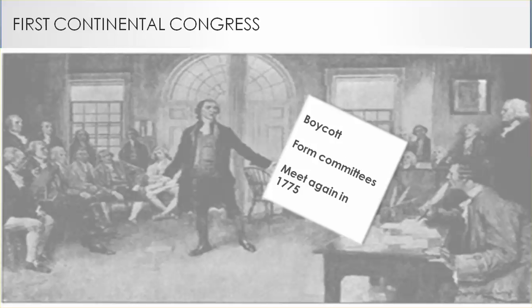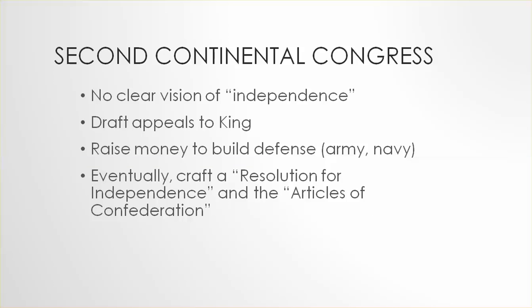Again, they would boycott British goods. They would then, in their own wisdom, continue to form committees to study problems, and they agreed to meet again in 1775. We know that 1775 meeting to be called the Second Continental Congress, also held in Philadelphia, but on a much hotter and stuffier occasion.